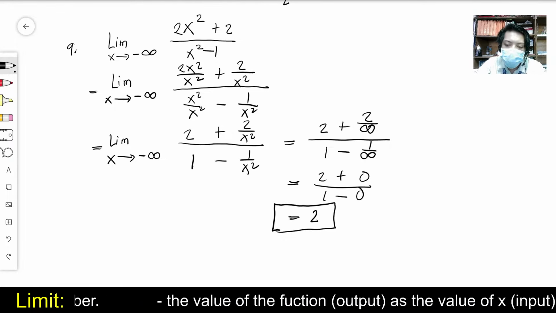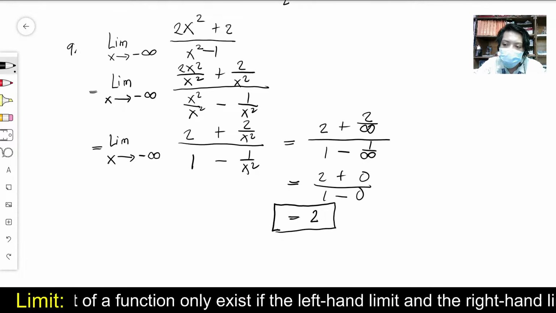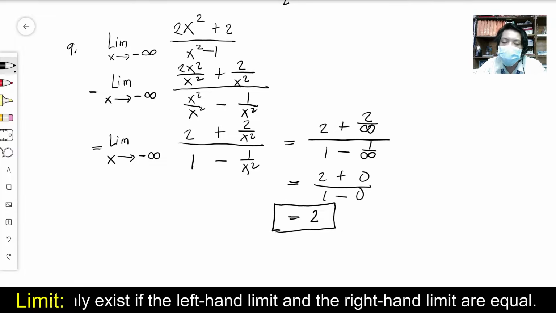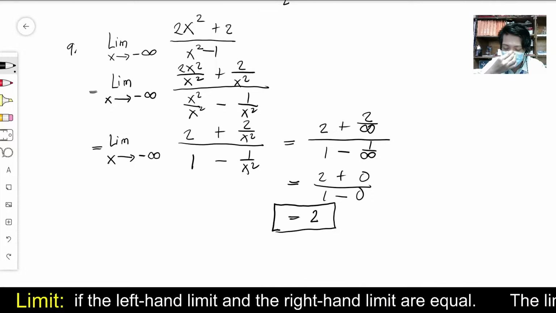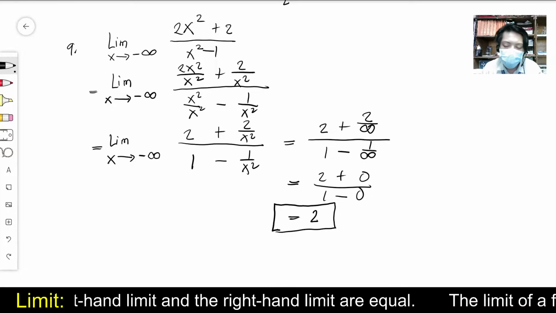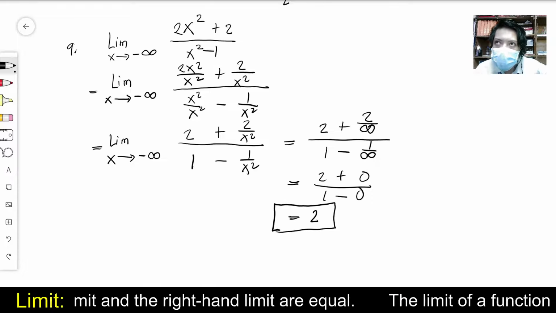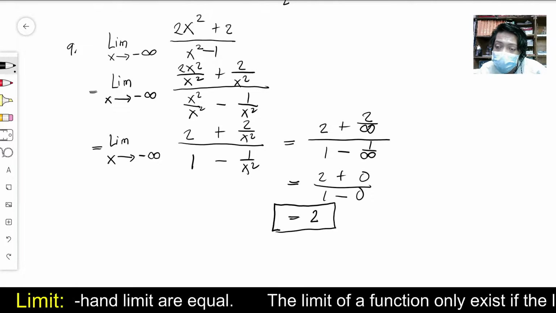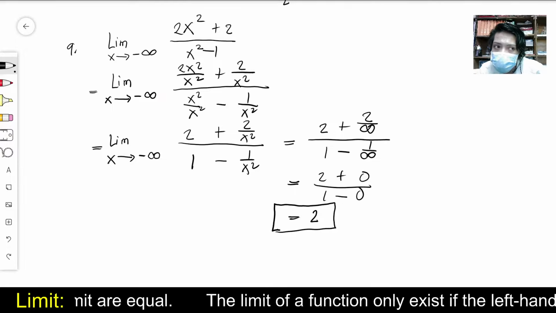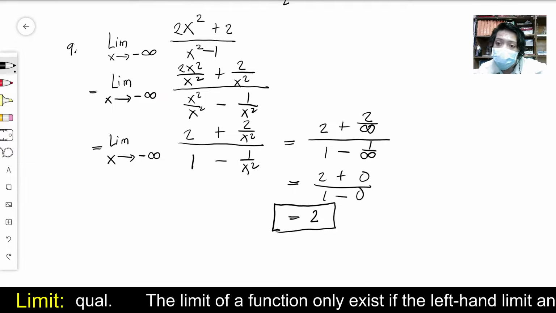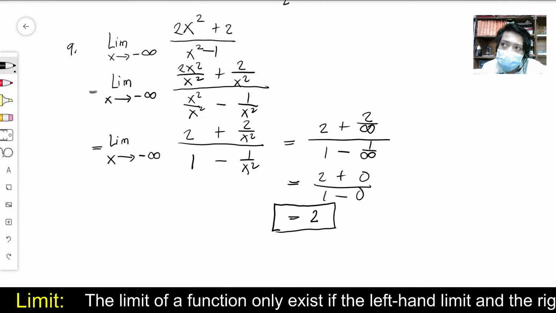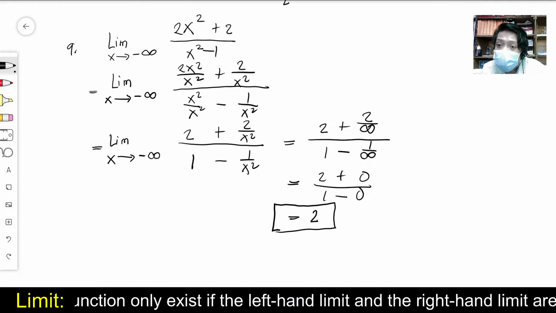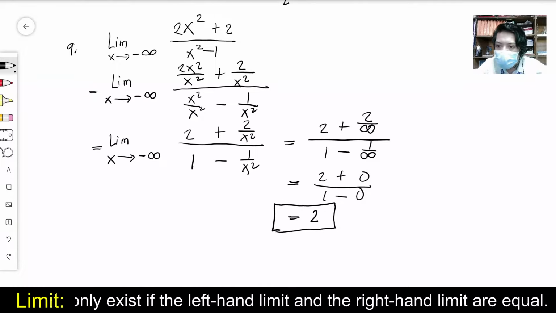And the limit only exists if the left-hand limit and the right-hand limit are equal. You have to be very careful in finding the limit, especially when you are dealing with irrational functions and rational functions. Radical functions are those that involve radicals, and rational functions are those that involve fractions, fractional functions.